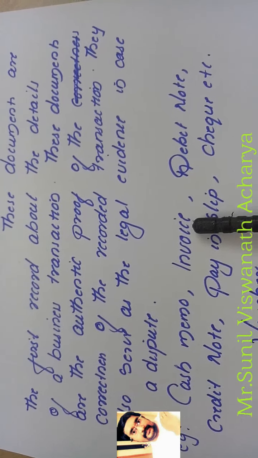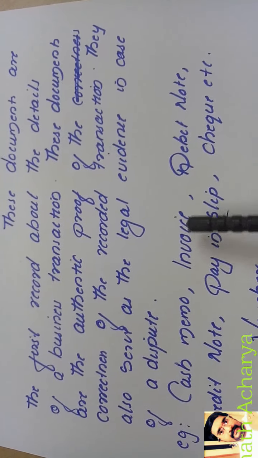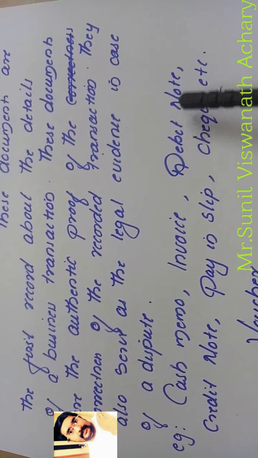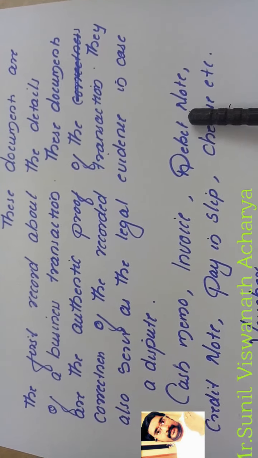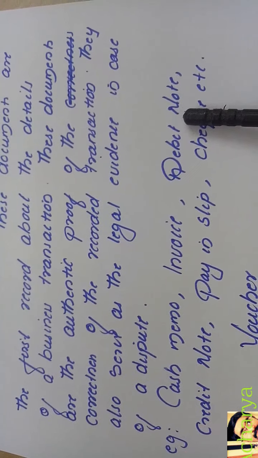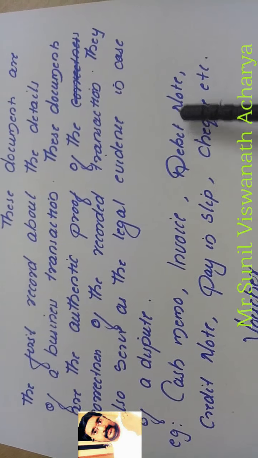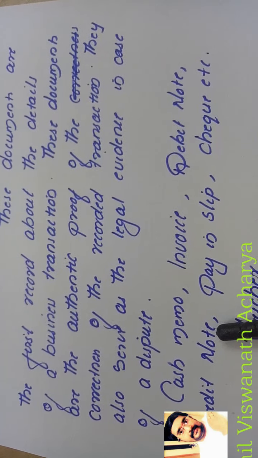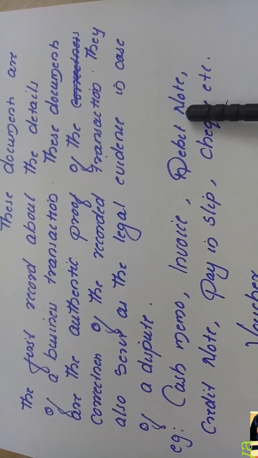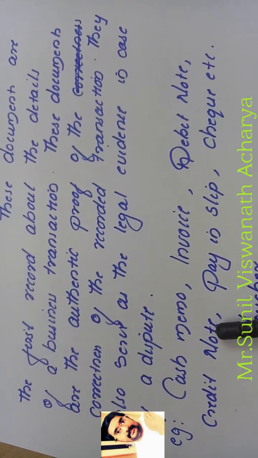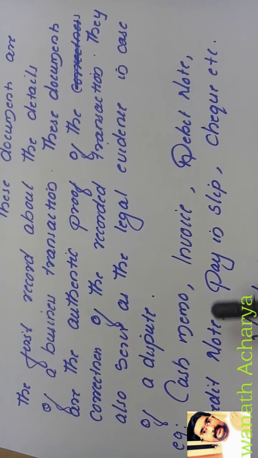Invoice, for any credit transaction: when we purchase goods on credit or sell goods on credit, the document is known as an invoice. Debit note and credit note: when purchased goods are returned, we prepare a debit note, and when sold goods are returned, we prepare a credit note.